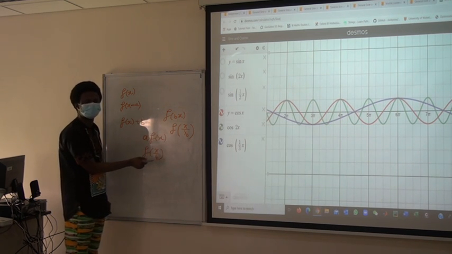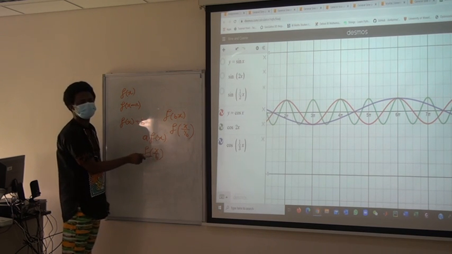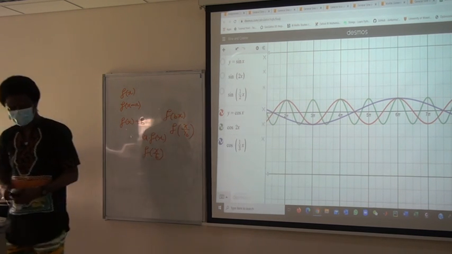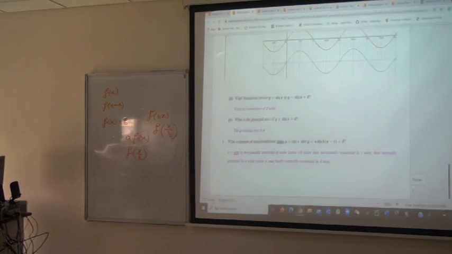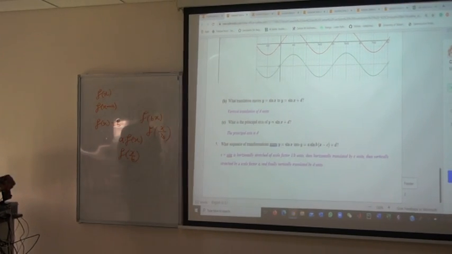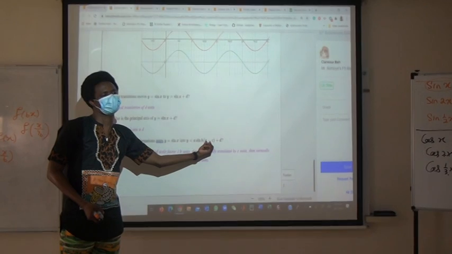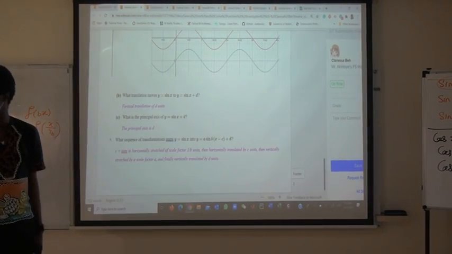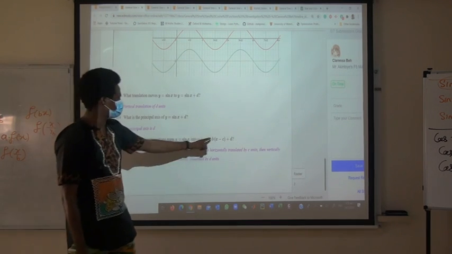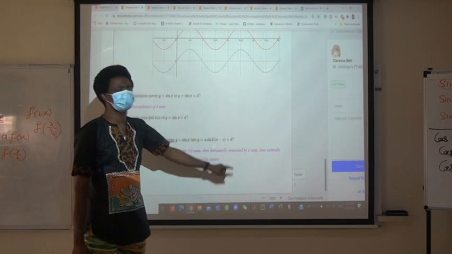Does that make sense? And that is what that person, I think that's Clarissa, was trying to say. So there's a horizontal stretch of 1 over b, because of course this is your x, right? And of course there is a translation. You can use a vector directly. There's a translation by vector (C, D), positive C and positive D.